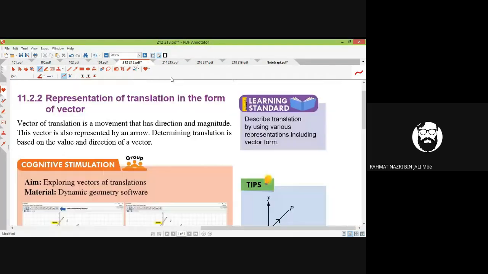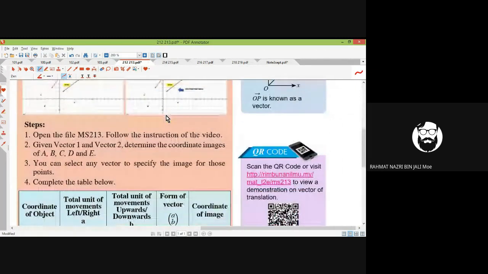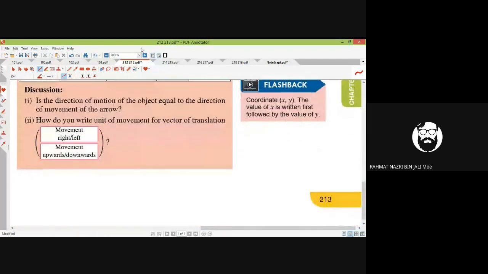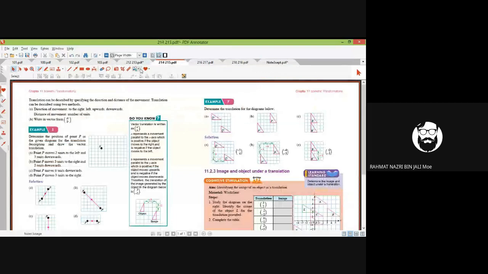Okay, then we go back to the textbook. Page 214.